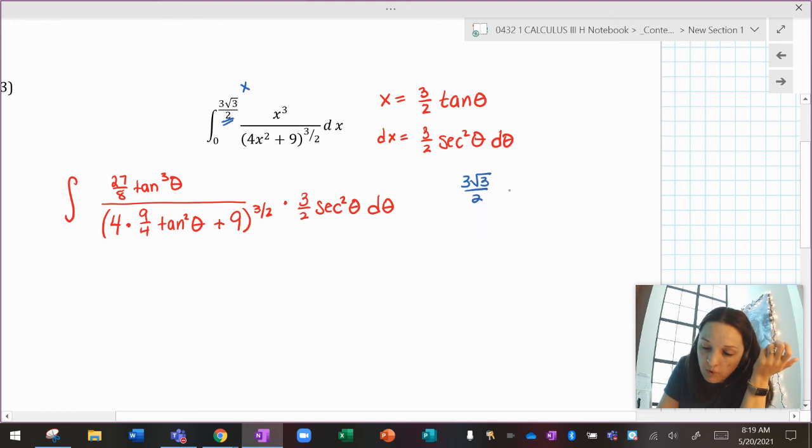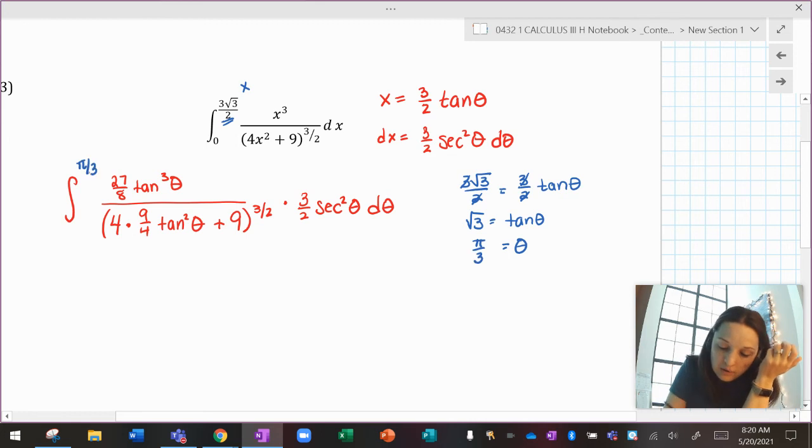So 3 root 3 over 2 equals 3 halves tan theta, which if I divide both sides by 3 halves, means root 3 equals tan theta. And that would mean theta is 60 degrees, also known as pi over 3. And then if I say 0 equals 3 halves tan theta, I know that theta equals 0.